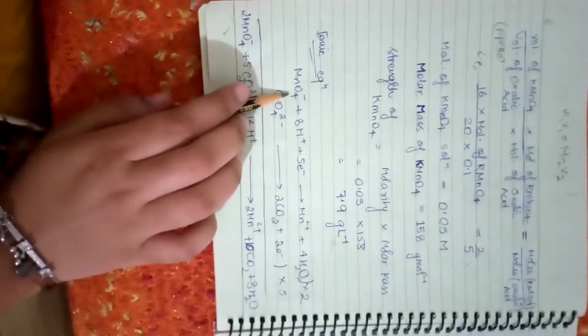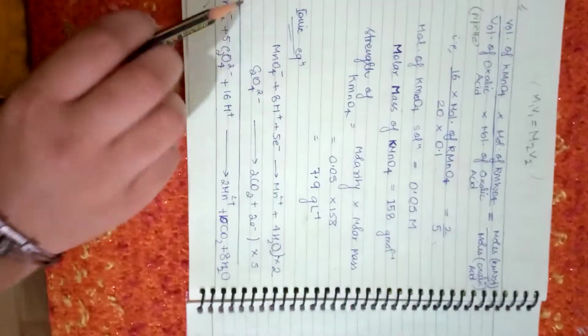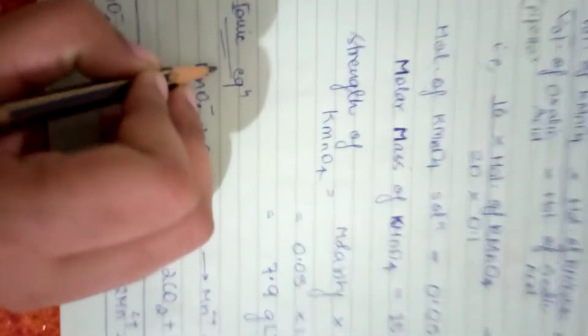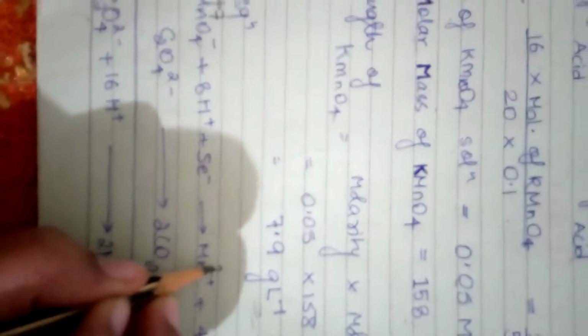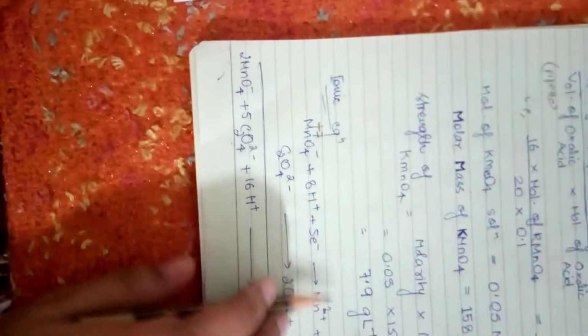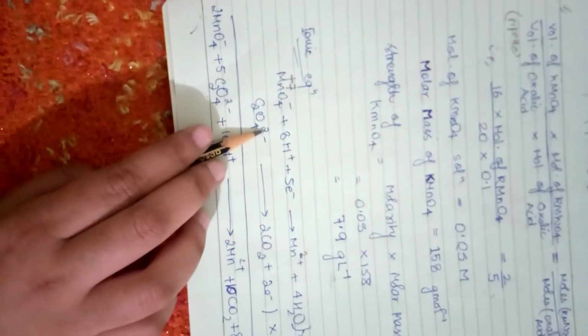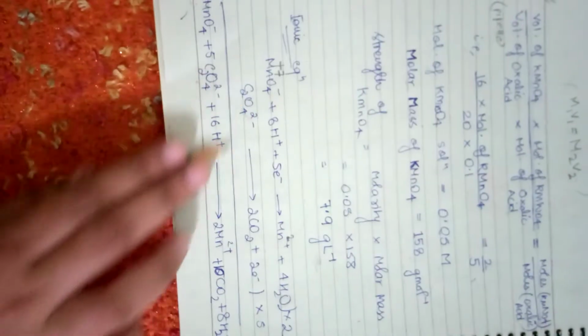So here we will see, and in class 11th we learned that the oxidation state of Mn in MnO4 minus is +7, and here it is +2. So this is our reduction, and here oxidation is happening.